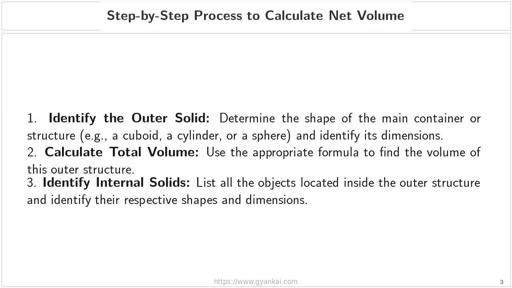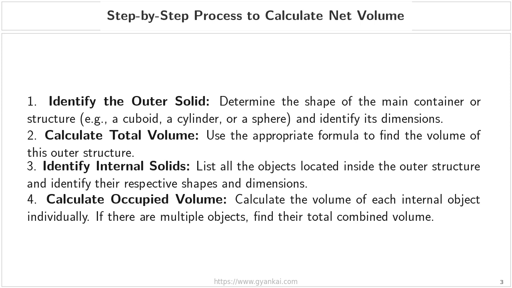Note down the shape and the dimensions for each of these internal objects. Fourth, calculate the occupied volume. This is where you find out how much space is being taken up. Calculate the volume of each internal object individually. If the problem mentions multiple objects, like the pillar and the crate in our upcoming example, you must add their volumes together to find the total combined occupied volume.